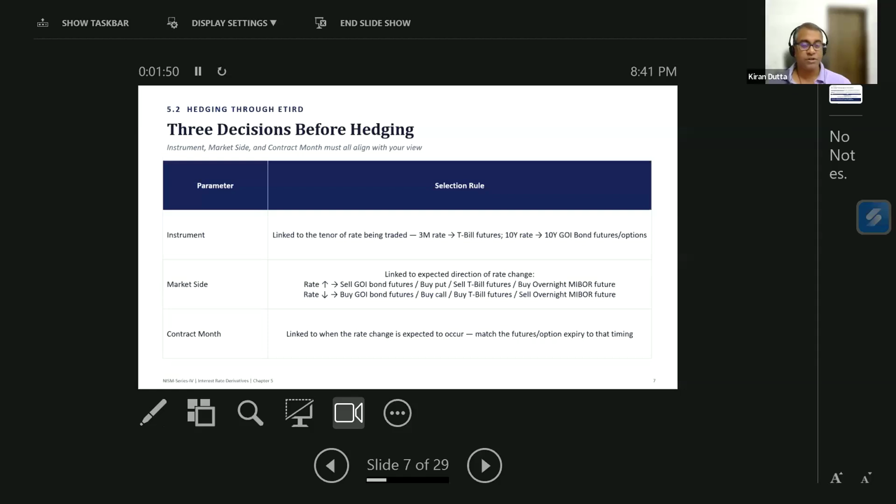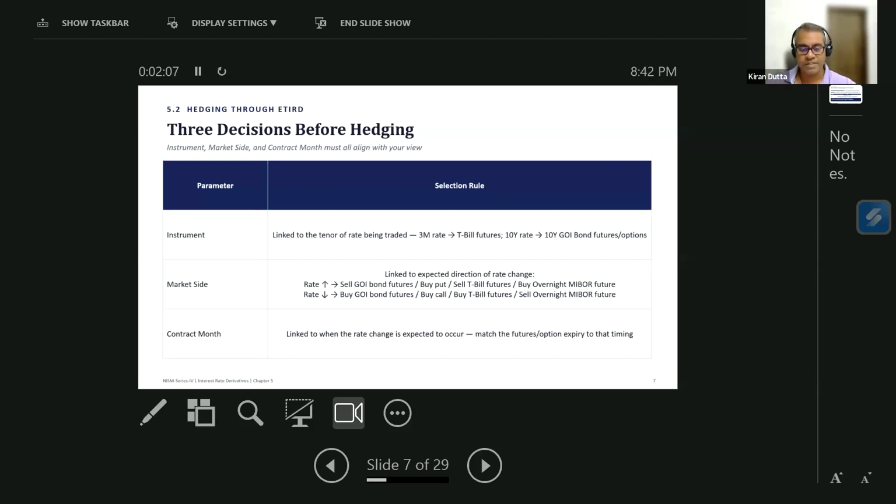I think that's not even covered in the NISM book itself. But just for your understanding, CDs, repos, and commercial papers are also other instruments, especially in the interest rate futures market.